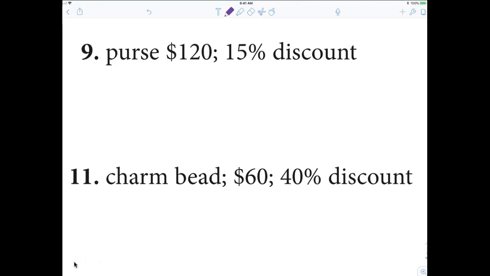If I get a 15% discount, what percent do I have to pay? And you can use a calculator if you want. What percent? Yes, that was 100%. Okay?